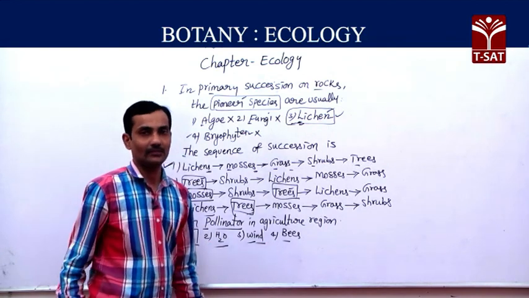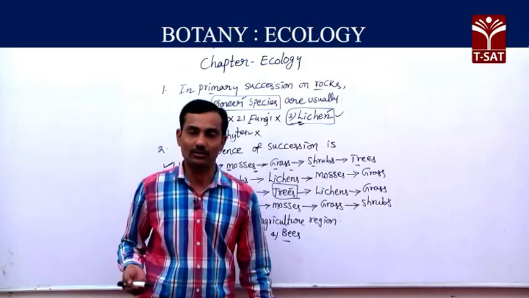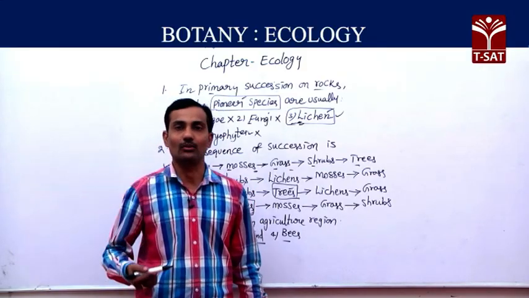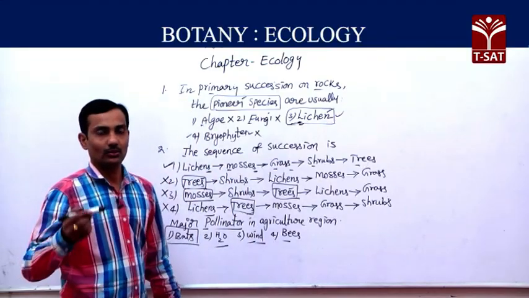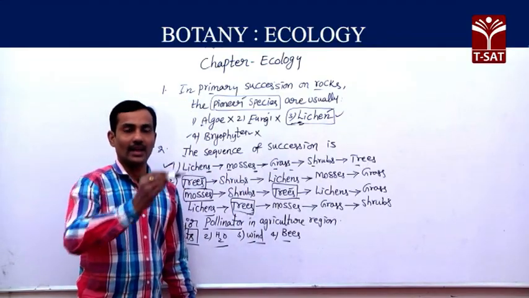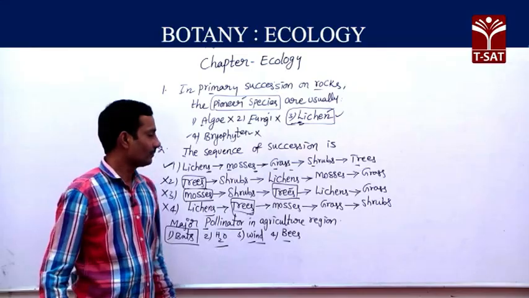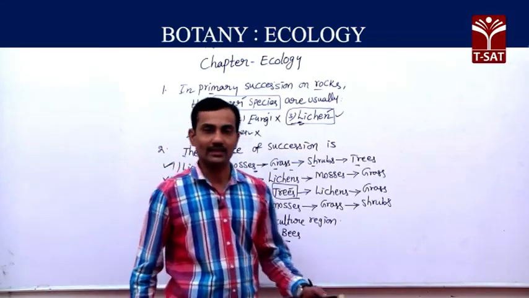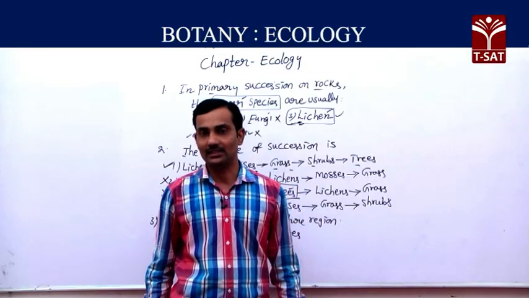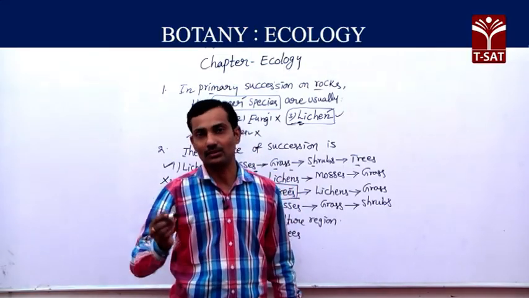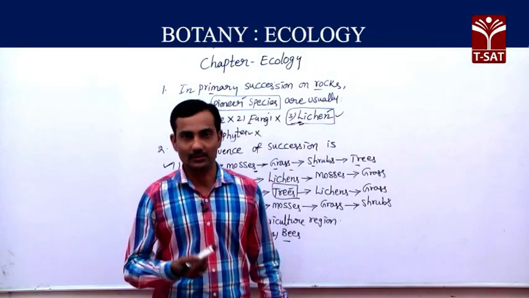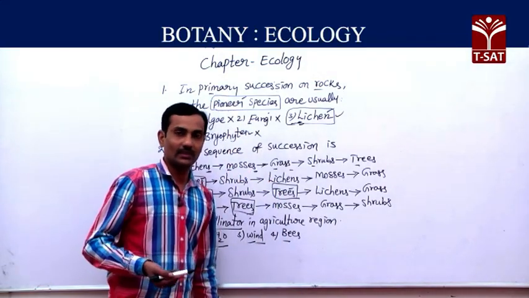Last and final, bees. We already discussed bees. Bees play a vital role in pollination, carrying pollen grains from anther to stigma of the flower. In the US agriculture region, 15 to 30% of food production is mainly because of bees.